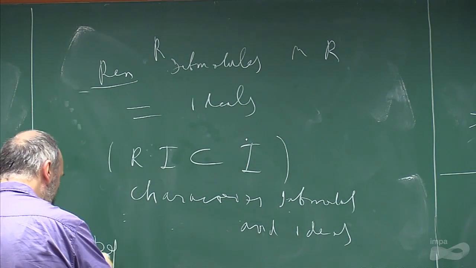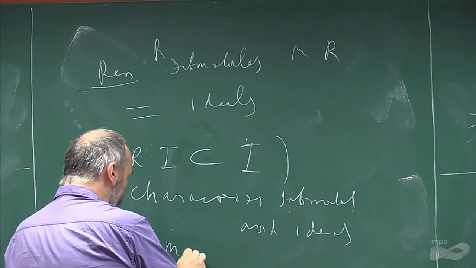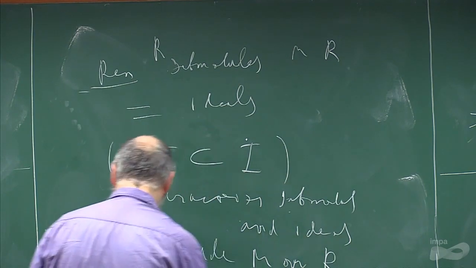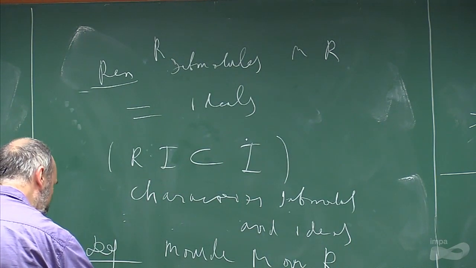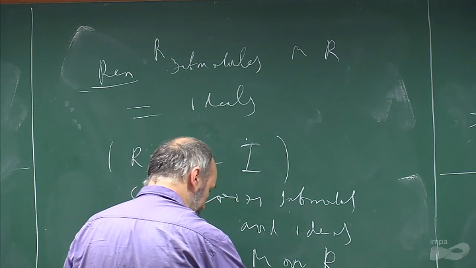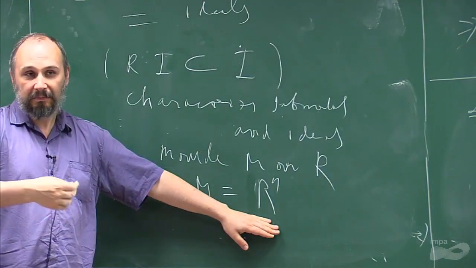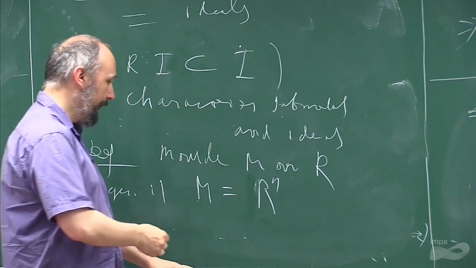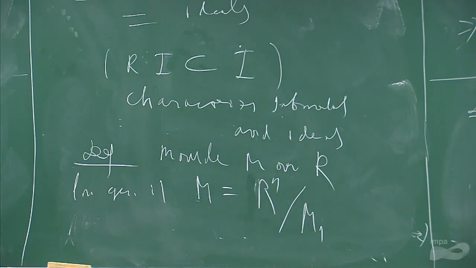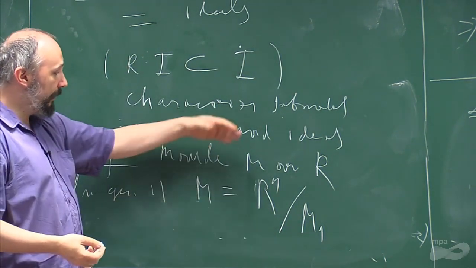So definition: a module M over R is finitely generated if M is a quotient of R^n. You take the nth power of R, which is a free module, and you take its quotient by some submodule. In other words, this means that you have finitely many generators which generate this module.